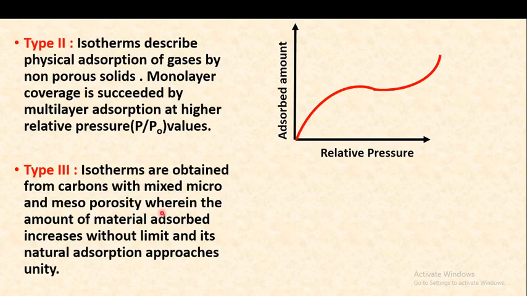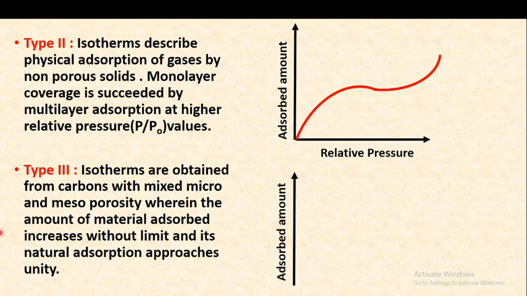The amount of material adsorbed increases without limit, because some micropores and some mesopores are there. Micro means small, meso means medium. Due to these different types of porosity, the amount of adsorption increases without limit, and the natural adsorption approaches unity.